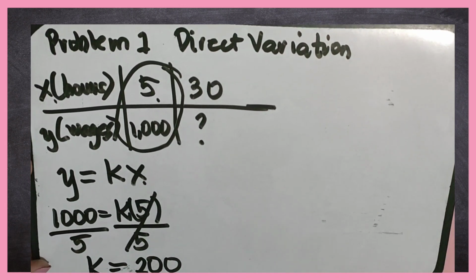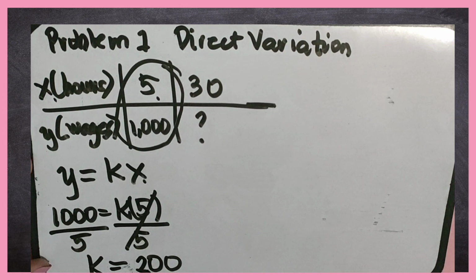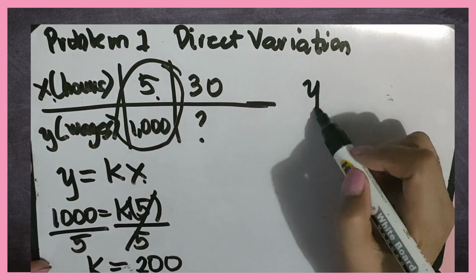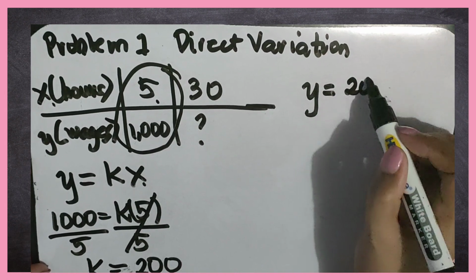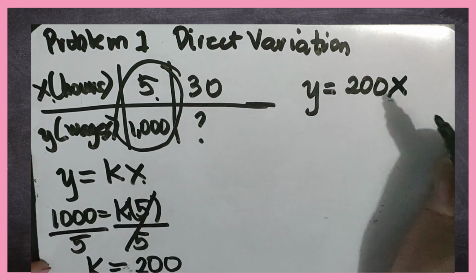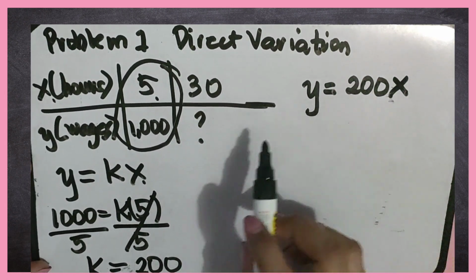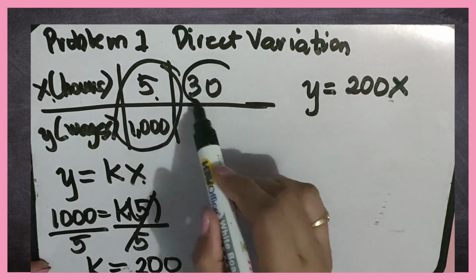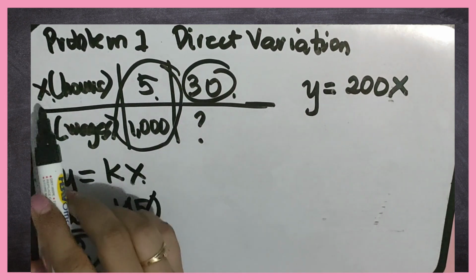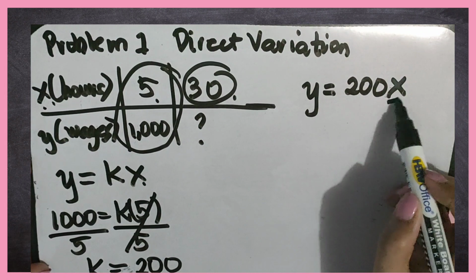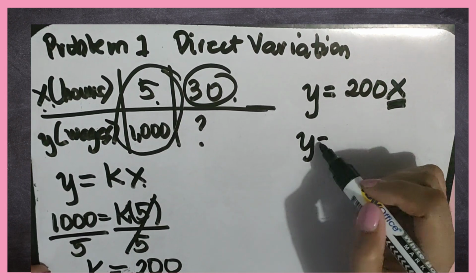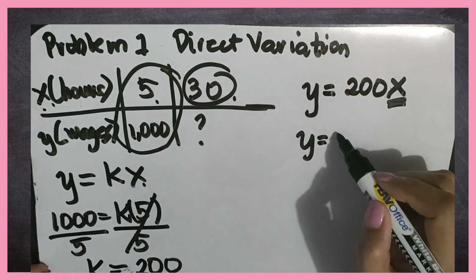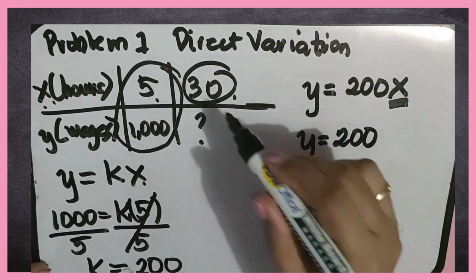So kung k yung ating constant of variation, yung equation of variation natin ay magiging y equals 200 times x. So as you can see, gamitin ngayon natin itong 30. Dahil yung 30 yung value ng x, ipapalit natin siya dito para makuha natin yung wages ni Julio. So we have 200 times 30.